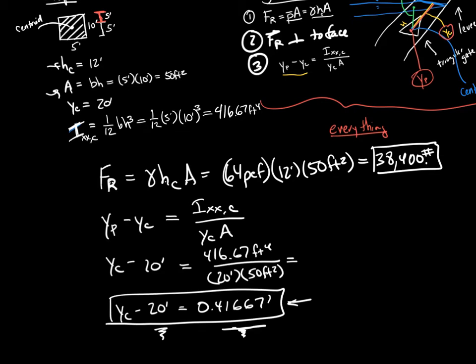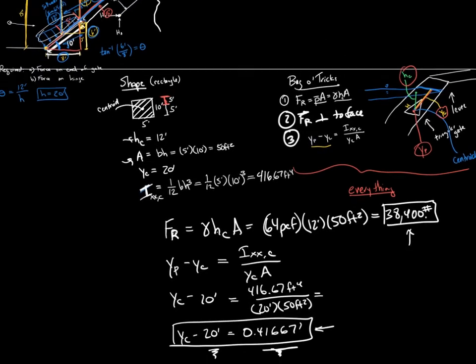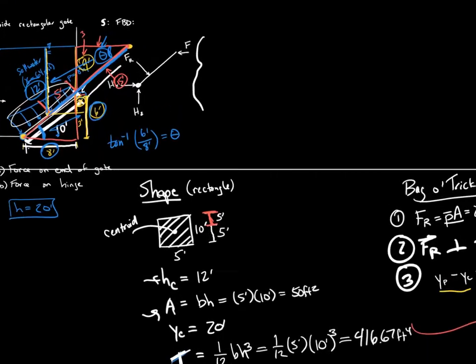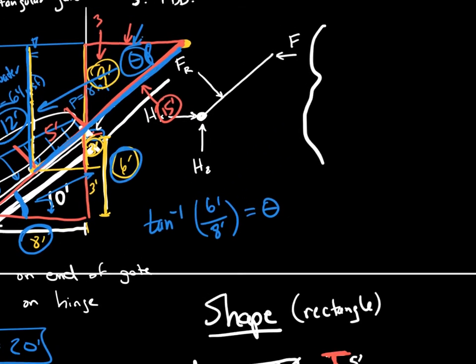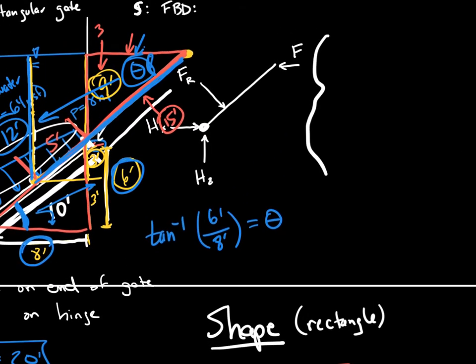It's acting at 20.41667 feet from the surface if we travel along the face, and it has a force of 38,400 pounds. So I'm going to go up to my free body diagram, and if I'm really careful with my erasing, I can get rid of some things that are annoying me. But yeah, I'm not going to be able to not get that. Okay, that's okay.